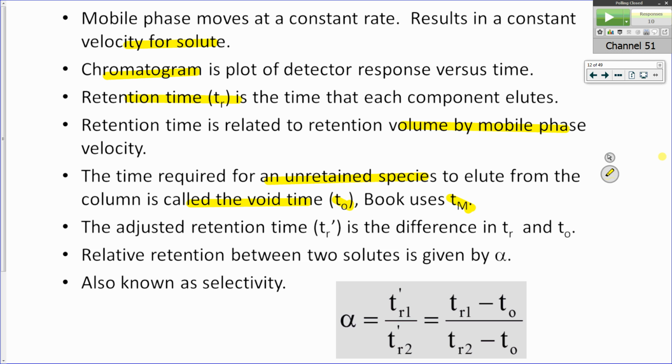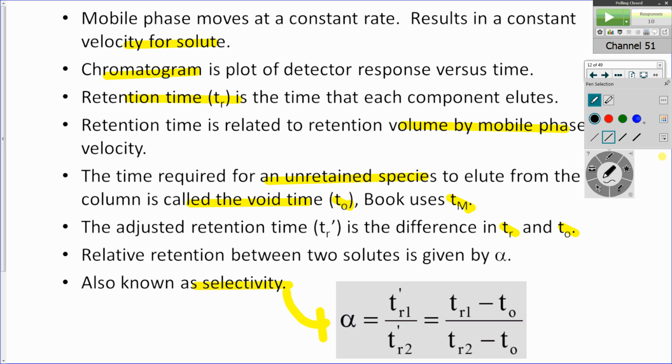The adjusted retention time is simply the difference between the retention time and t naught, relative to any given solute. The selectivity has the Greek letter alpha. It's the ratio of the adjusted retention times, and this number is always going to be greater than 1.